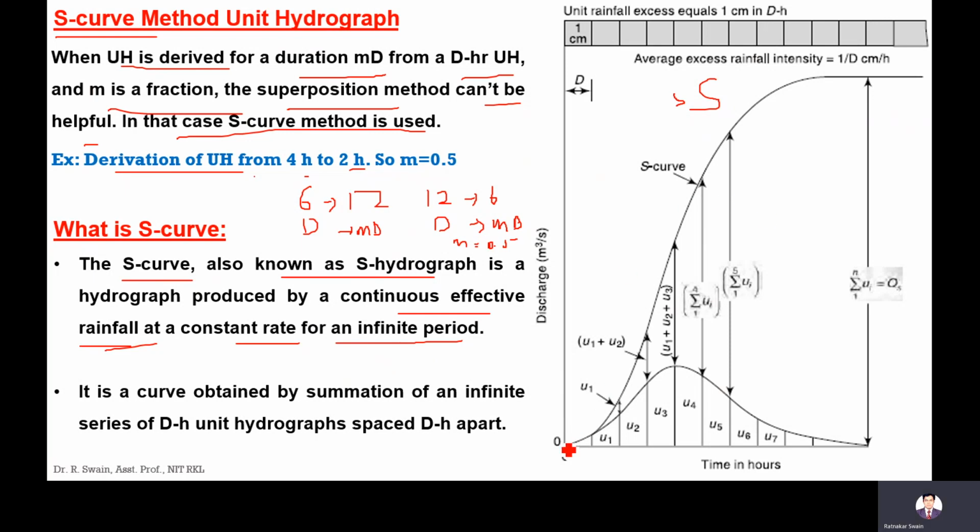Means we have a unit hydrograph, obviously for 1 cm excess rainfall, occurring for D hour.